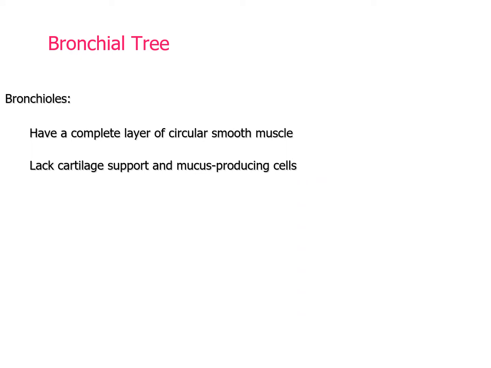The bronchioles do have a layer of circular smooth muscle around them, which helps to mediate constriction or dilation of the bronchioles. They don't have cartilage. Remember, the conducting zone tubes are called bronchioles when they have a diameter of less than 1 millimeter.